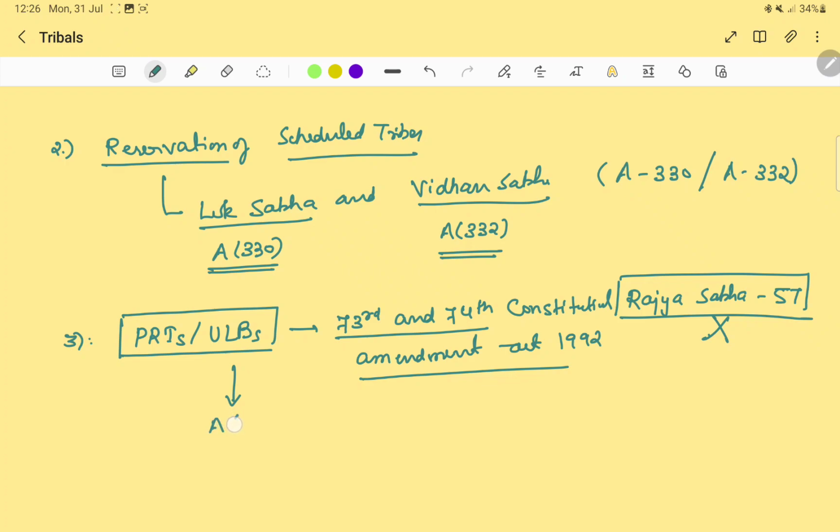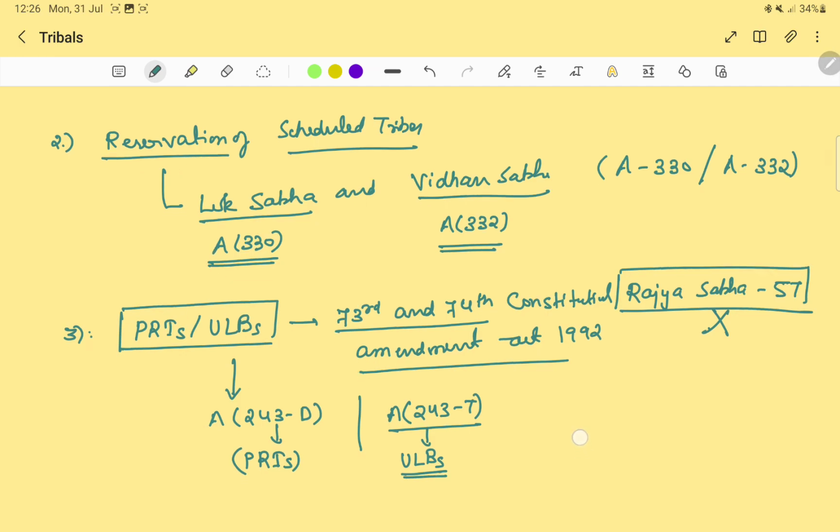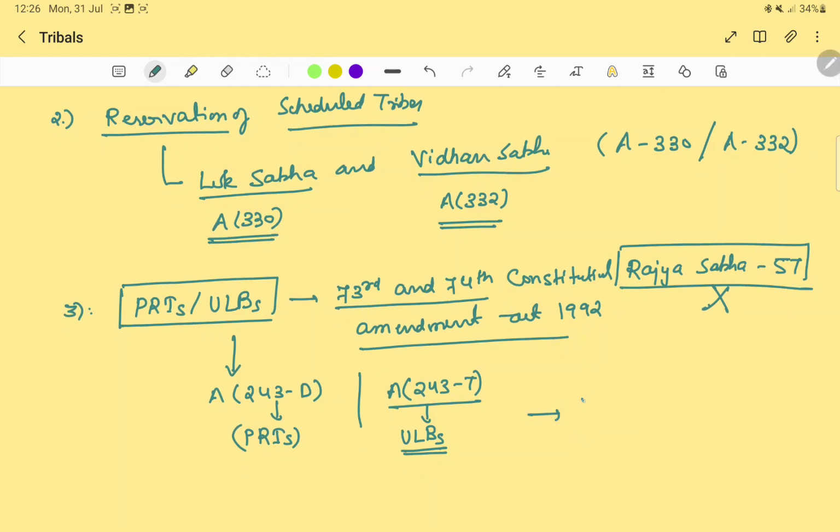The article which corresponds with it is Article 243D for the Panchayati Raj institutions, and similarly Article 243T for the urban local bodies. The posts of chairman in the urban local bodies will be reserved as per their proportion of population. The percentage of seats reserved will be in proportion to their population.